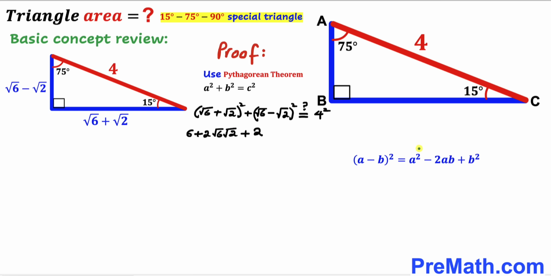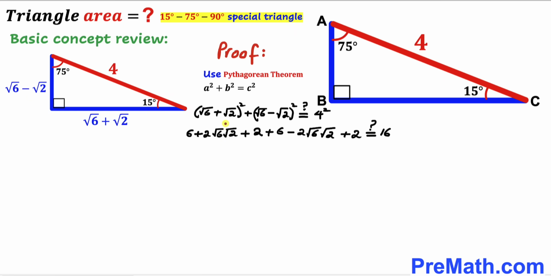Now let's recall another identity: a minus b whole square could be written as a square minus 2ab plus b square. We are going to apply this identity on this binomial. So we can write this one as 6 minus 2 times square root of 6 times square root of 2, and then plus 2. And the question mark is, 4 square is 16.